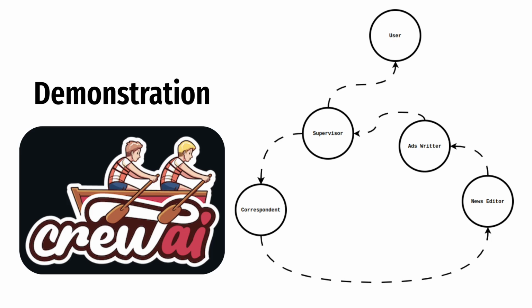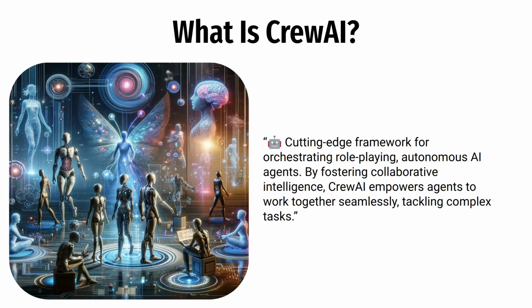And we have a supervisor who supervises all these other agents and sees, hey, how are these agents cooperating? Are the behaviors of these agents good? Is the final report good? If not, it will ask the agent, hey, can you modify this? Can you change this? Can you change that? Just like the way a human would work, right? So we have a collection of these working together to form a crew of AI agents, right?